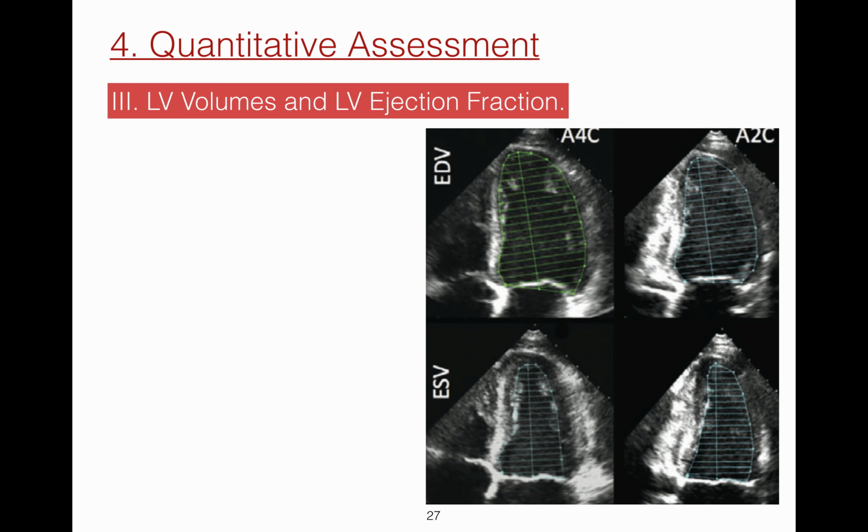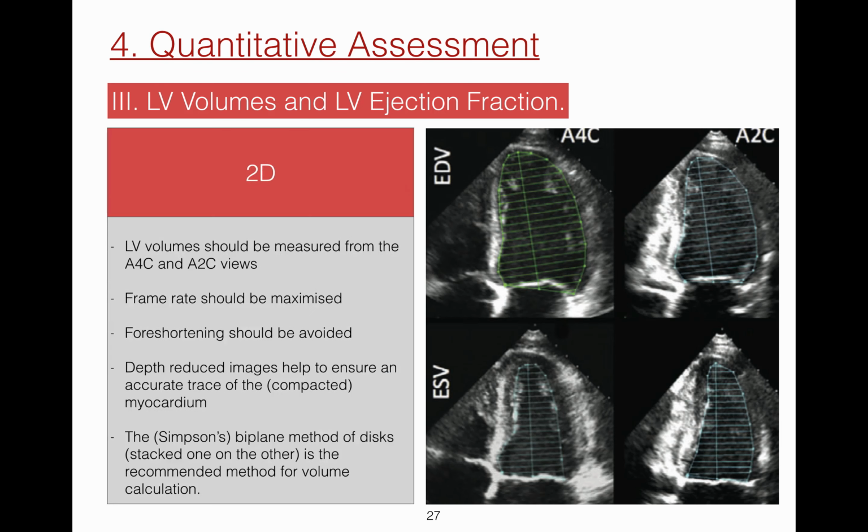LV volumes should be measured from the apical 4 and the apical 2 chamber views. Frame rate should be maximized and foreshortening avoided. Depth reduced images help to ensure an accurate trace of the compacted myocardium.